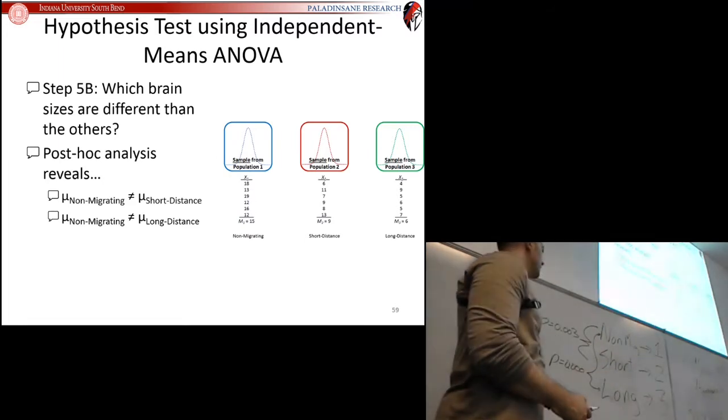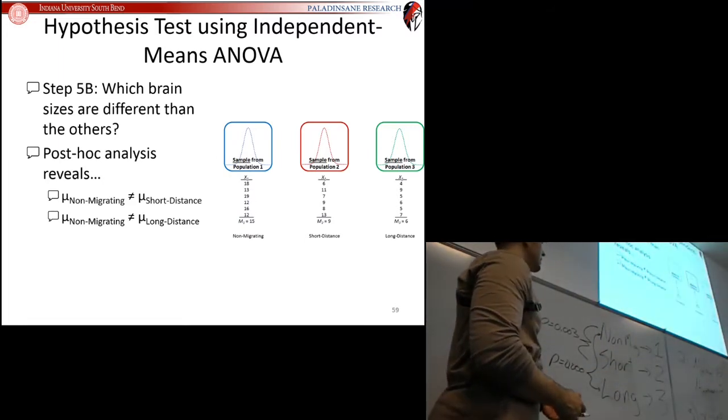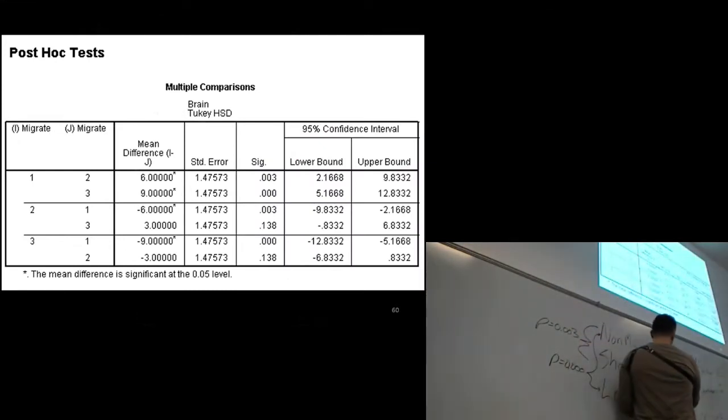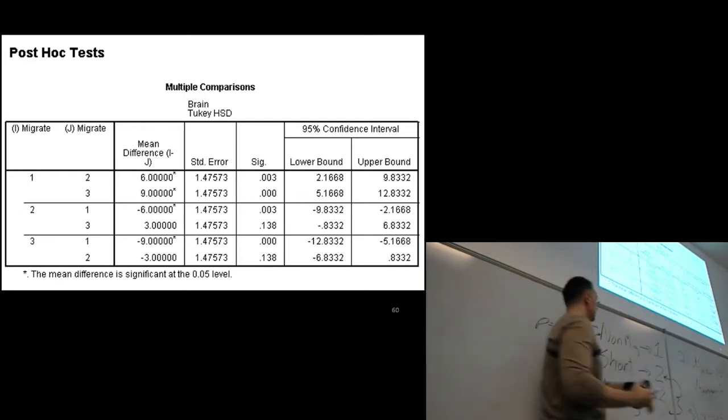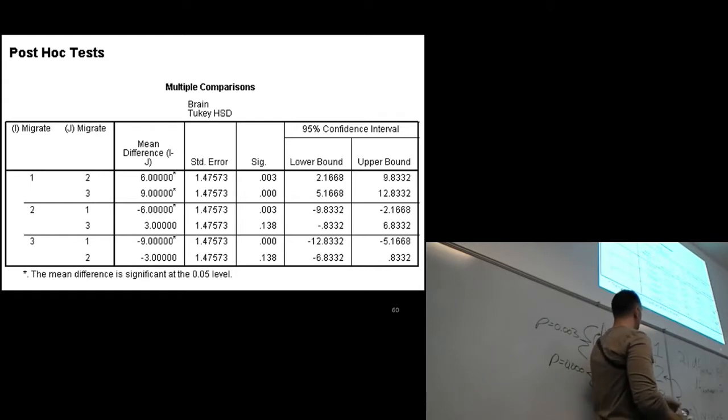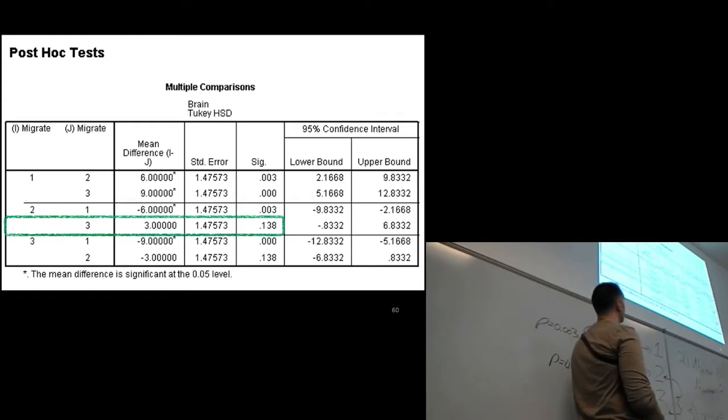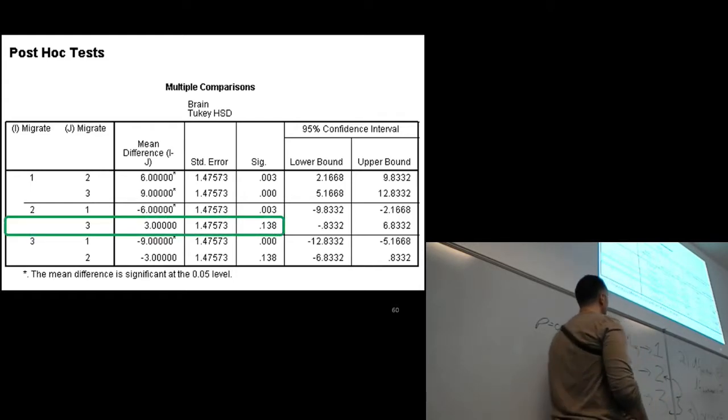Well, for that we have to compare short distance to long distance migrating. So we now do the final comparison, short distance to long distance, and for that we need to find group 2 versus group 3. There is group 2 versus group 3 right there.